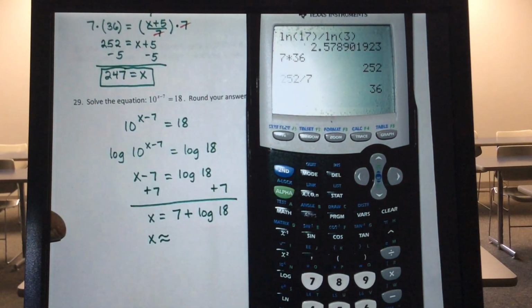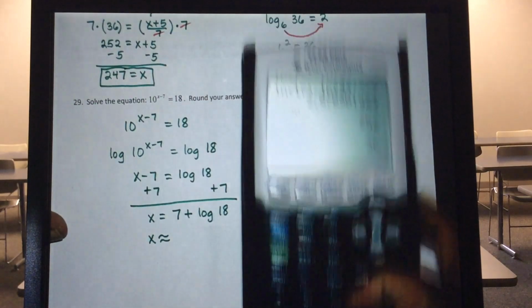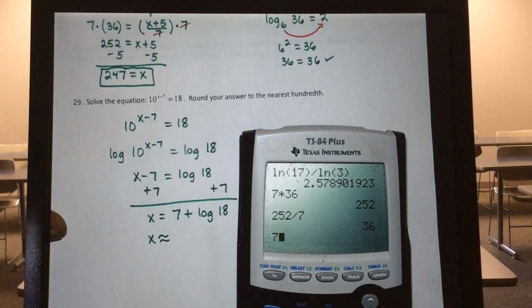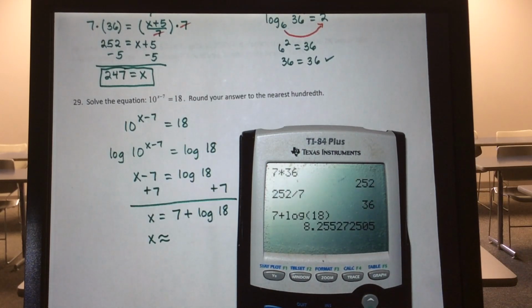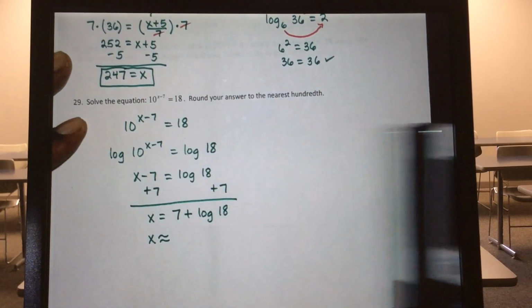So if I do 7 plus, then press the log key, then 18, close parentheses, you'll get 8.255272505. But to 2 decimal places, that will be approximately 8.26.